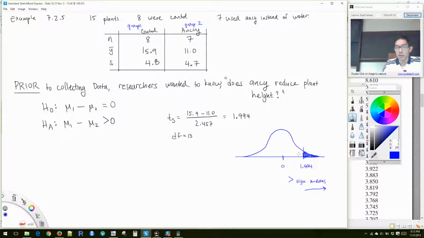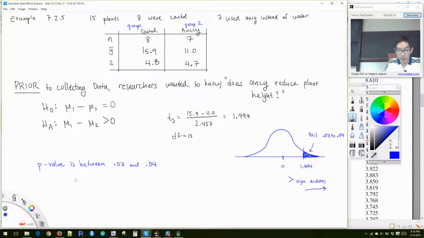Okay, so our tail area is between 0.03 to 0.04. We only take the right side, so our p-value is between 0.03 and 0.04.